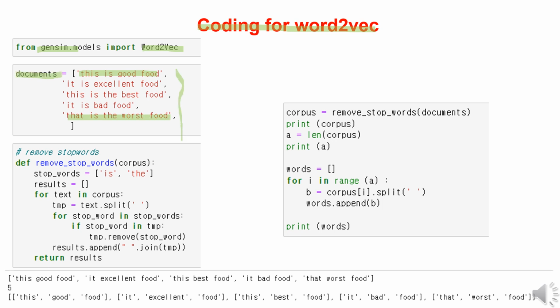Next, we'll create a function to remove unnecessary stop words, commonly used words that don't carry much meaning in text analysis, and execute it. This will result in the removal of words like is and the. Afterward, by using the split command, we can separate each sentence into individual words based on spaces.